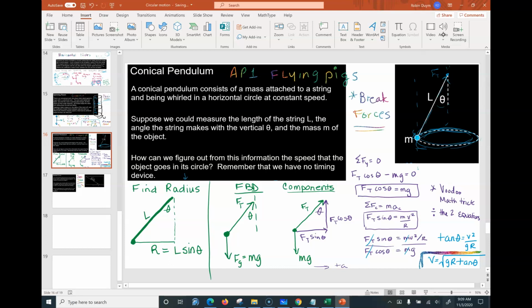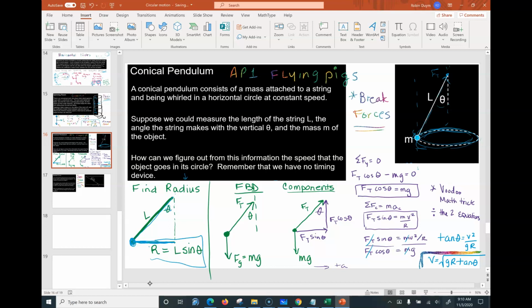Let's find the radius. Here's the length of my string. Here's my flying pig, or whatever it might be. Here's my angle theta. And to find the radius, you got to do that first. We get this radius by using trig. This is the opposite side of this angle theta, and that's your hypotenuse.